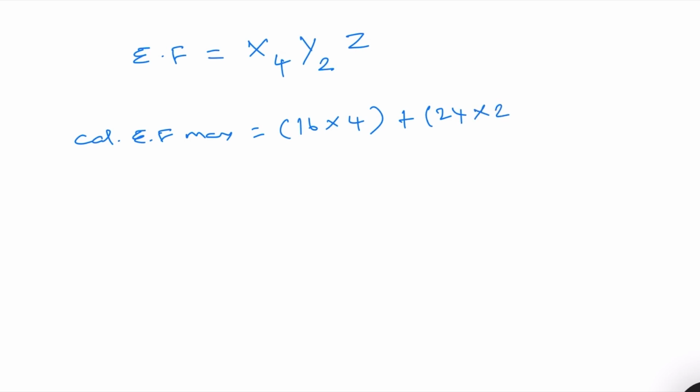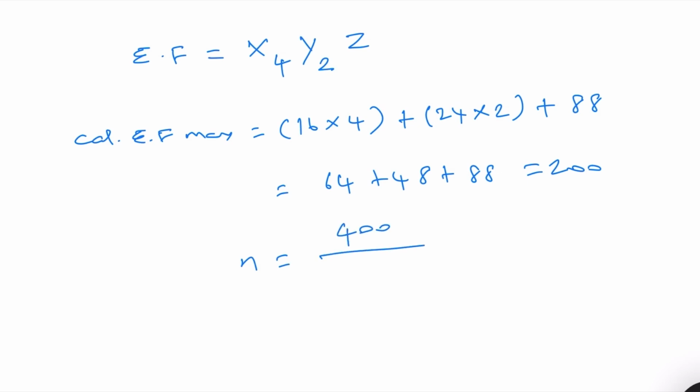Now, let us calculate the calculated empirical formula mass. That will be equal to 16 times 4 plus 24 times 2 plus 88, that will be equal to 64 plus 48 plus 88, which is equal to 200. And therefore, the whole number n is equal to the molar mass, that is 400, divided by the calculated empirical formula mass, which is 200.